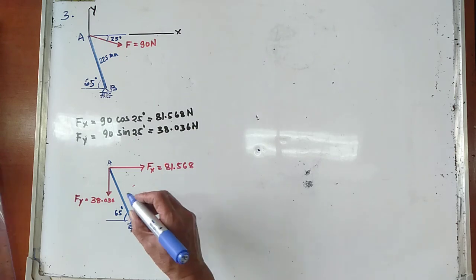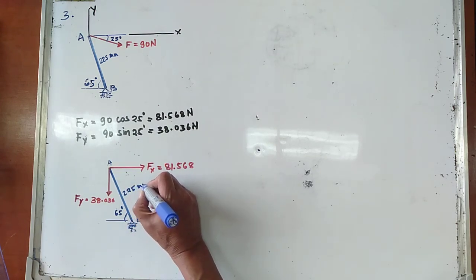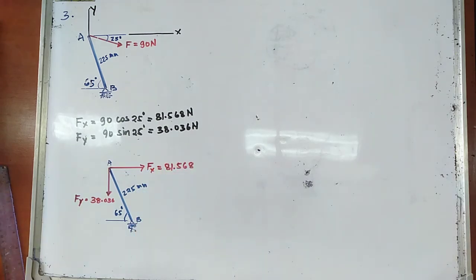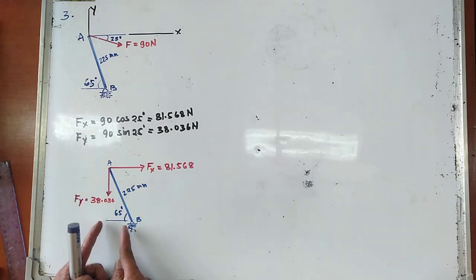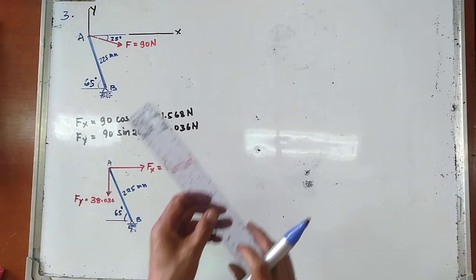And the length of rod AB is equal to 225 millimeter, or that is 0.225 meters. Now, let us determine now this distance and that distance, so that we will know the moment arm of Fx and Fy.